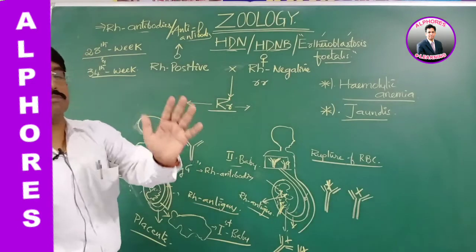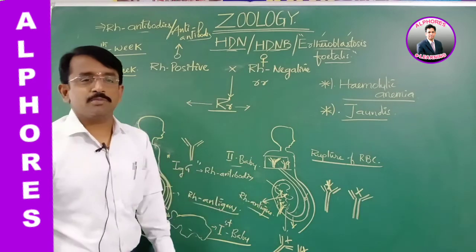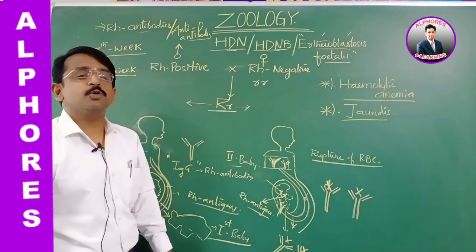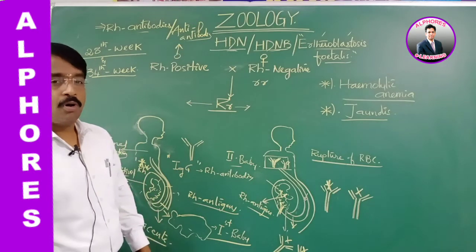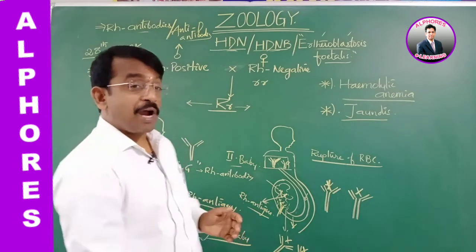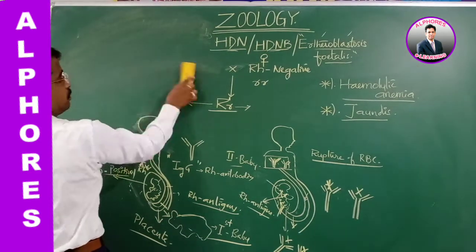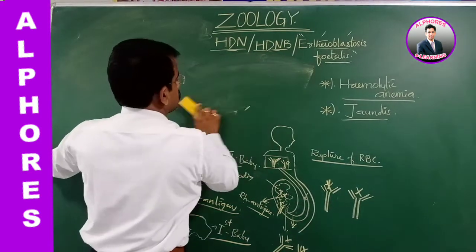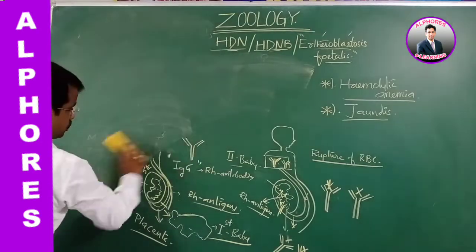So as long as the mother wants the pregnancy, administering Rh antibodies will definitely prevent HDNB. Now we'll see which marriages are not suggestible due to genetic incompatibility, and which are suggestible.